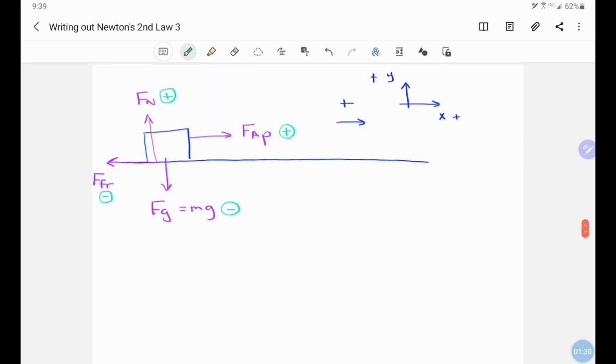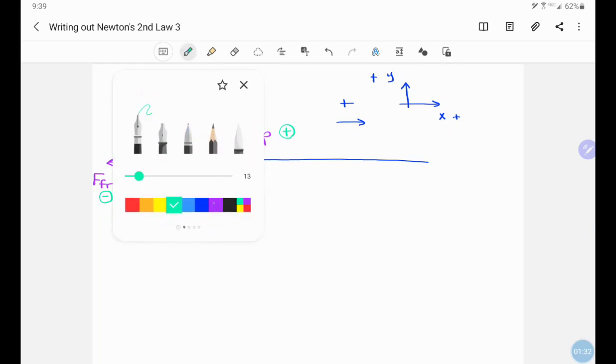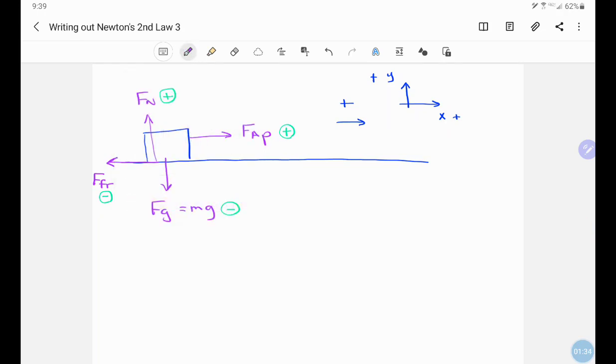Once direction of motion, coordinate system, and signs have been applied, I can start writing out Newton's second law. Now, my goal is to get acceleration of this object as specific as I can, which means I need to take friction into account. In order to do that, I'm going to begin just like I always have with writing out F net x equals max.